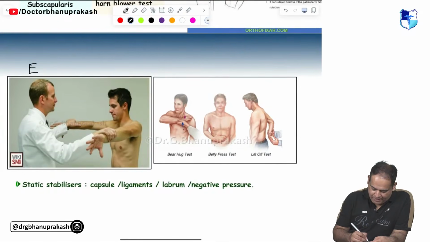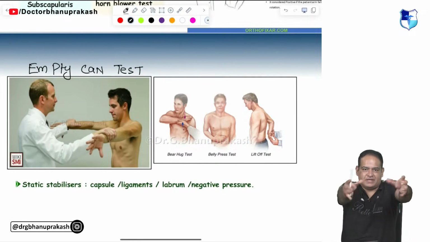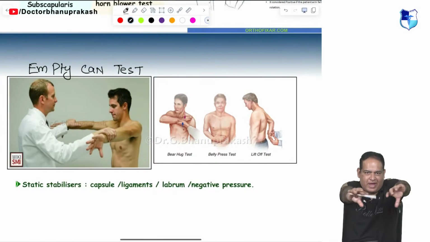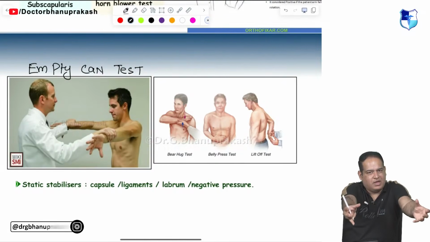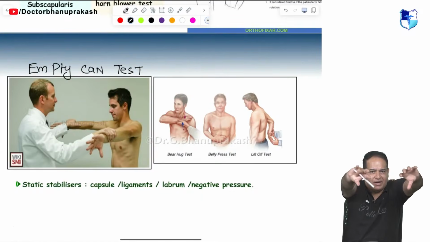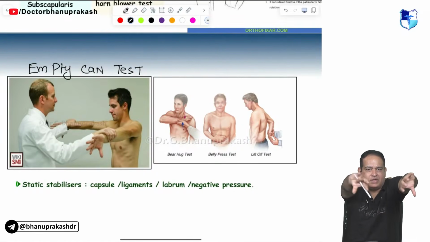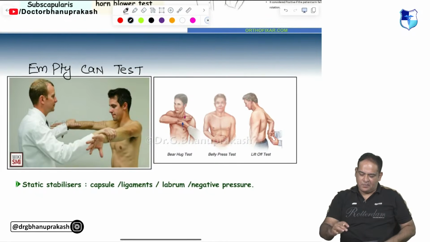That is the empty can test. So, like this, the patient has to empty the cans. If they are Coca-Cola cans, let them flow. But if they are beer cans, then keep a glass below, right? Make sure the beer doesn't go to waste, right?